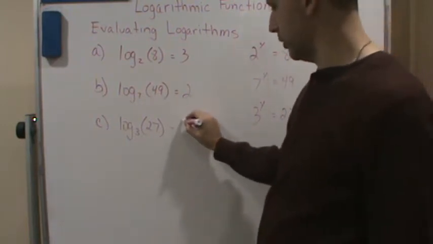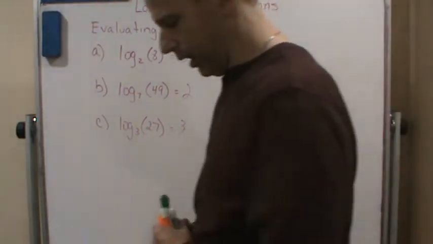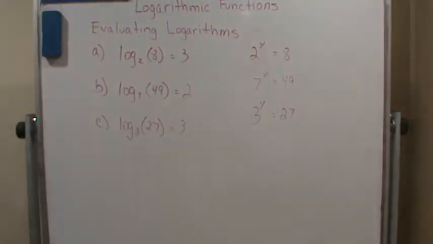And that is going to be 3. So some of these are easy to figure out. All you have to do is rewrite the argument x as a power of the base b, and then use your previous knowledge to figure out what that exponent needs to be.